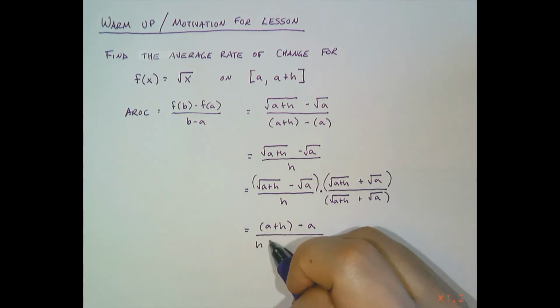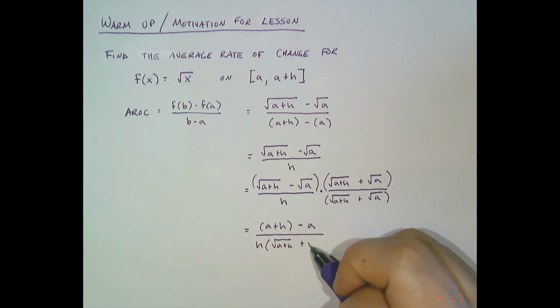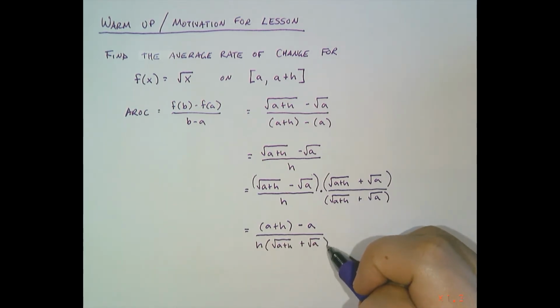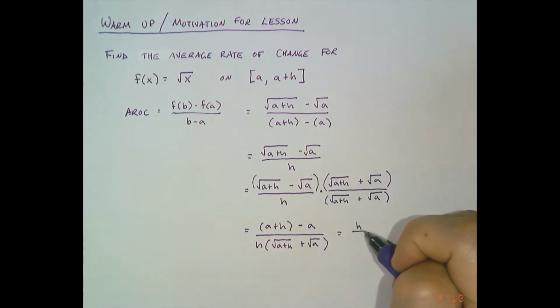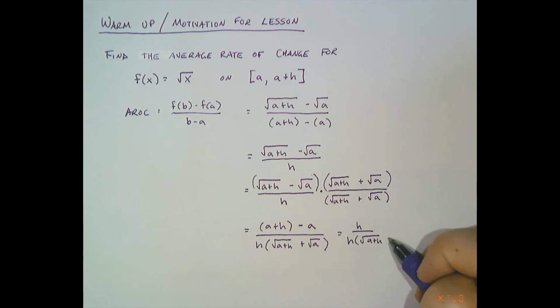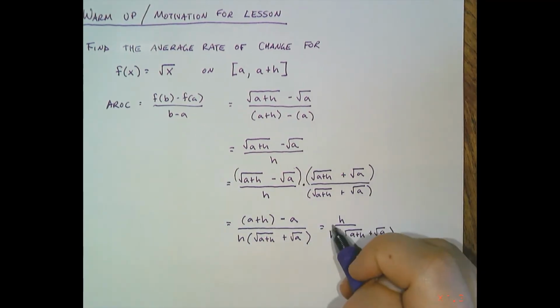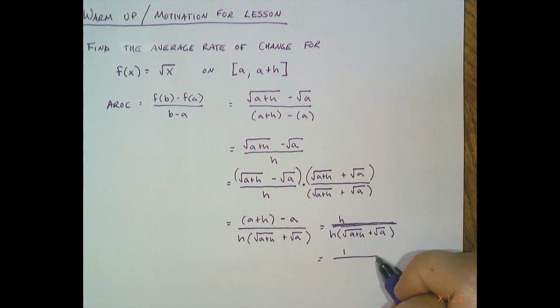Now, upon first inspection, this does not look any cleaner. But if we cancel the a's in the numerator, we see that now we have that case where the h cancels out of the numerator and the denominator, and I'm left with the expression 1 over root a plus h plus root a.